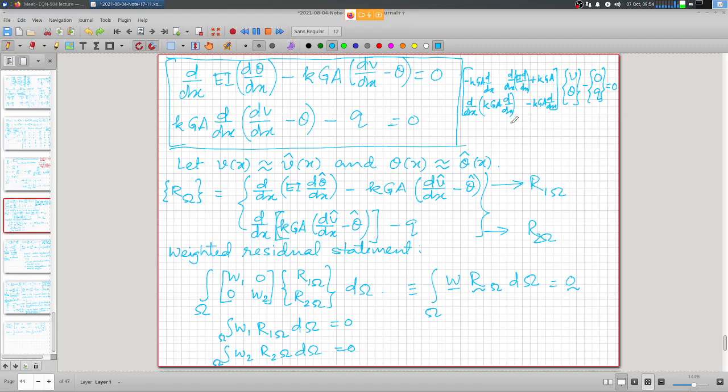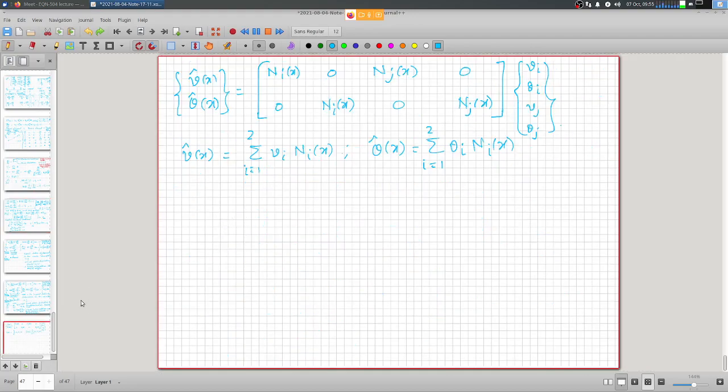So that is the governing differential equation in operator form. This is what we refer to as the operator, the governing differential operator L, and this is the vector of unknowns V and theta of the problem, and Q is the vector of known functions. So that is a standard operator form, and we can develop the weak form.